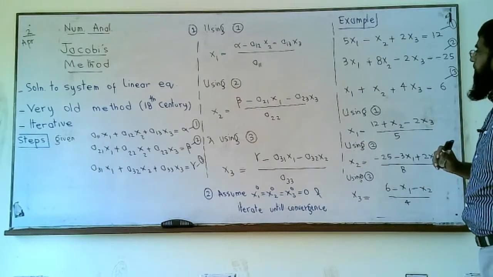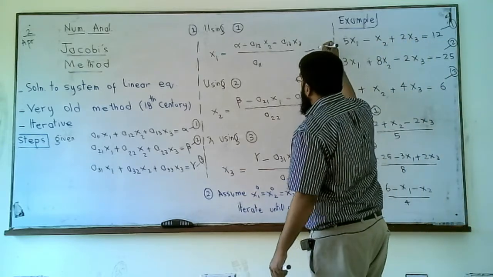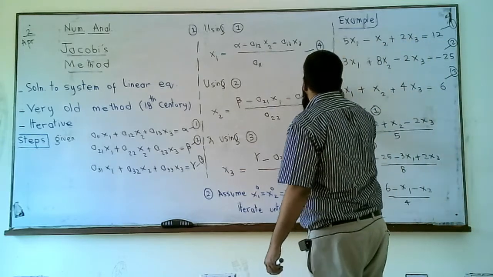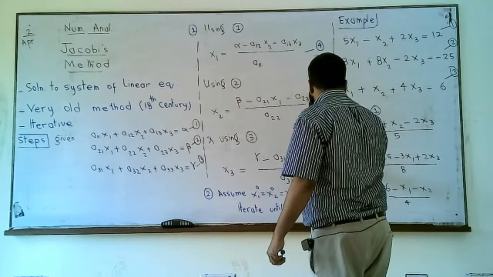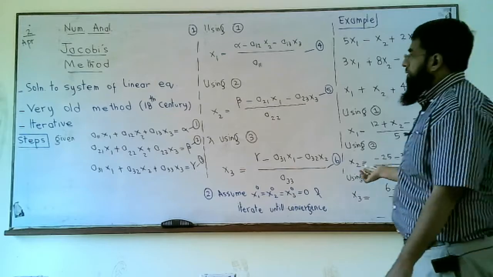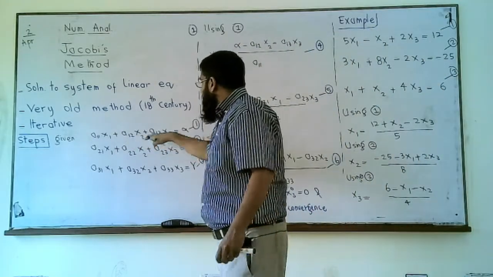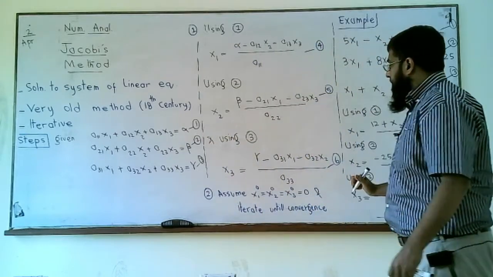So now we have 3 more equations. We can number those a, b, c, maybe we can call them 4, 5 and 6. These are not new equations, actually these are obtained after some rearrangement of the 3 equations 1, 2, 3.